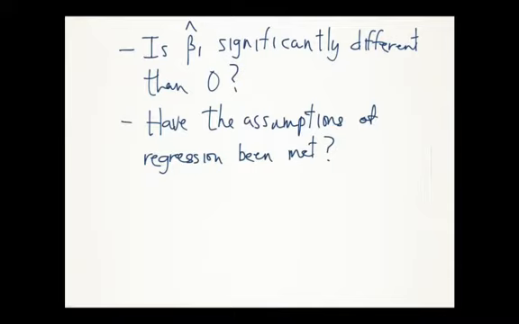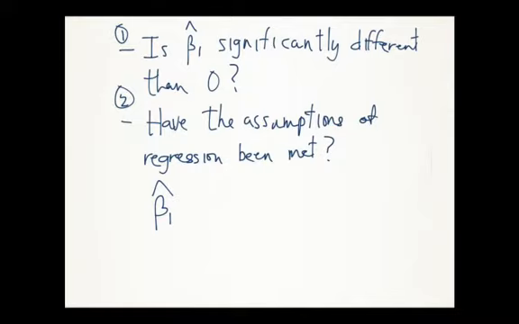So let's address this first question about is beta 1 significantly different from 0? And you'll remember we were looking at the relationship between BPF and age. And so beta 1 hat in this example was telling us how a 1-year increase in age affects the mean BPF.